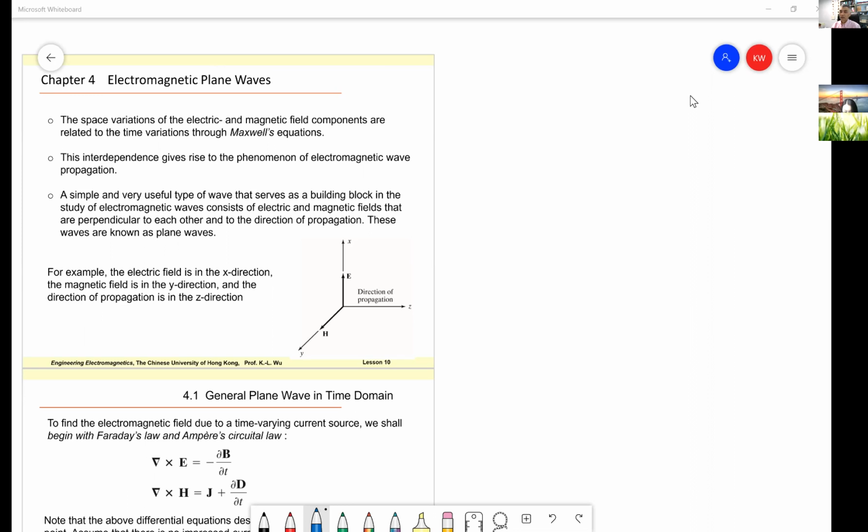For different problems, we are dealing with different boundary conditions, and the difficulty varies, okay? But no matter what, we have to deal with Maxwell equations. So in this sense, let's start from a simple electromagnetic problem.